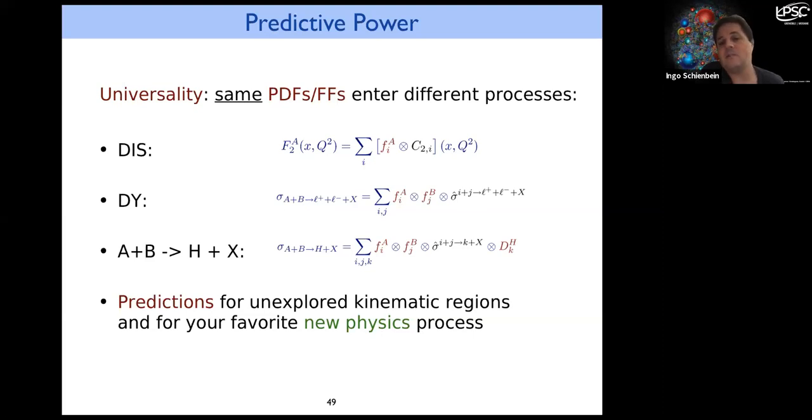So if there is any new physics, say at the LHC, it will be in some tail. It will be a small signal hidden maybe in a big background. So you really need to understand the standard model background very precisely. You need to know the signal precisely if possible. And one source of uncertainty is, of course, the error due to the PDFs. So you need to know the parton distributions precisely.